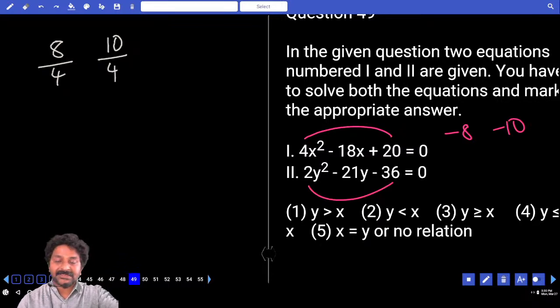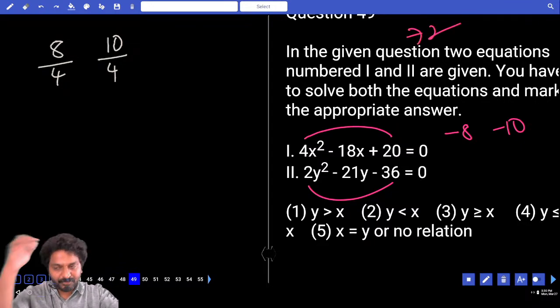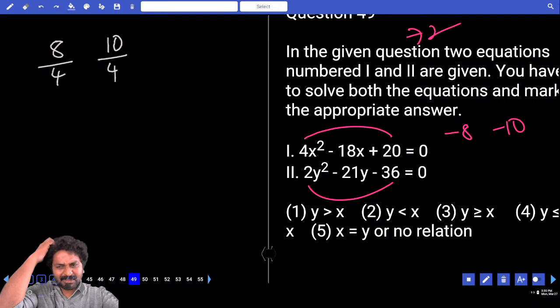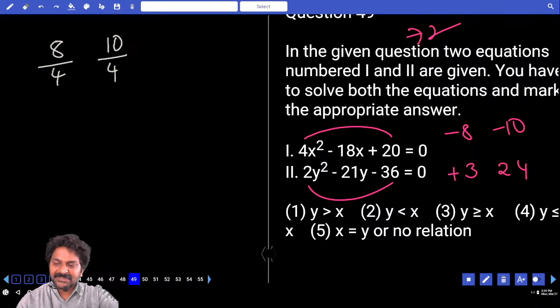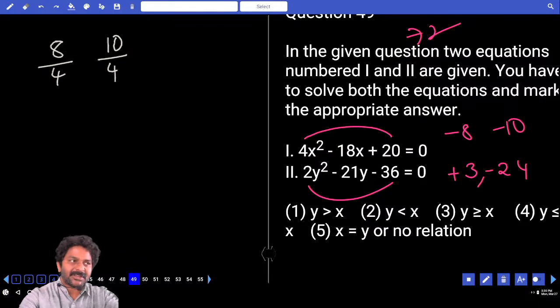2 into 36, 72 can be written as, product is negative number, be careful. Yes, 72 we can write it as 3 times 24. Plus 3 minus 24 is the combination, because when you add, that gives you minus 21. Product is a negative number. Got it?